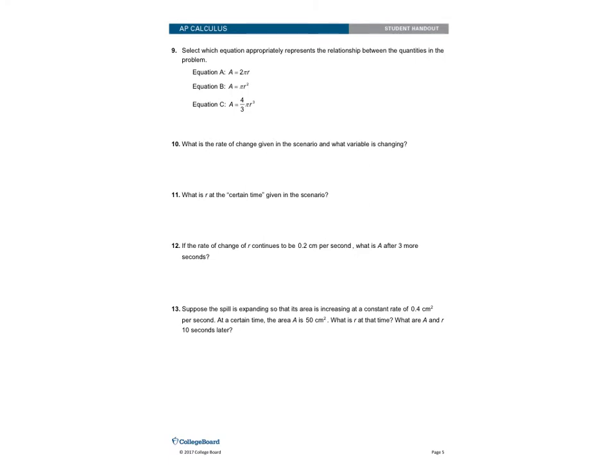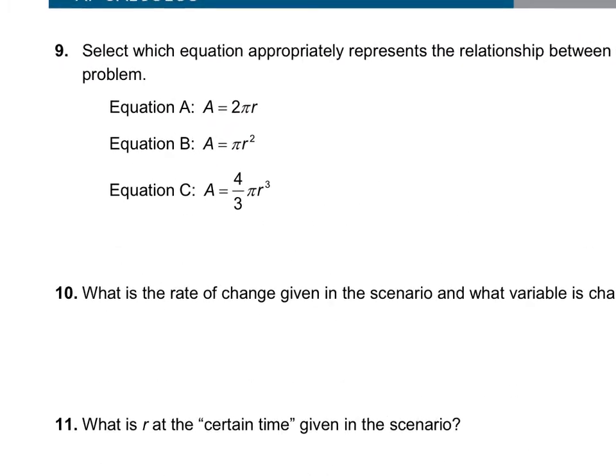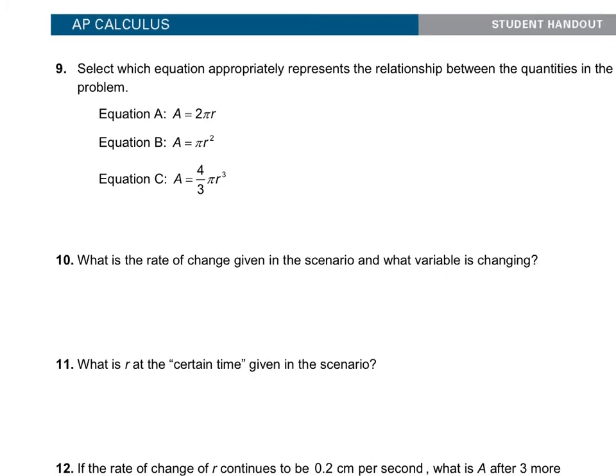Now select which equation appropriately represents the relationship between the quantities in the problem. Since it's a circle and it talked about area, these two deal with area and radius, but this equation's not right.